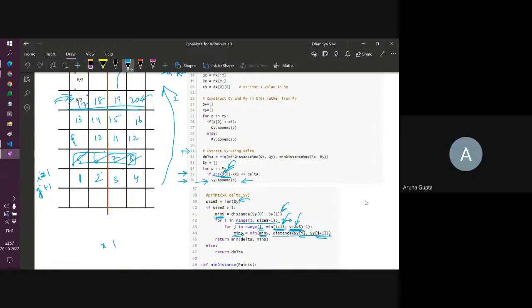Okay, ma'am. Another question is this: why are you saying this will have n square complexity if we don't have this analysis?